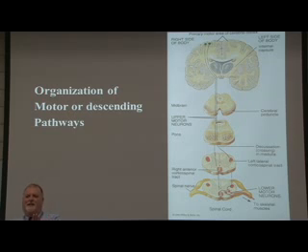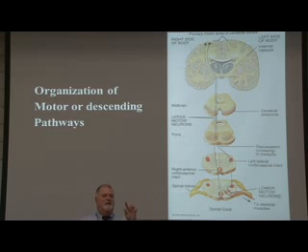So what has to happen is, once the cognition arises that your finger is in trouble, you've got to create a motor response. So the motor response is going to be initiated on the precentral gyrus, on the frontal lobe of the brain.